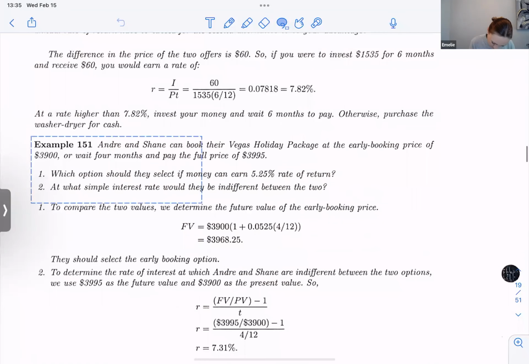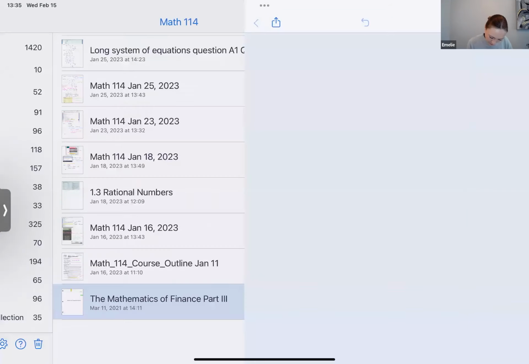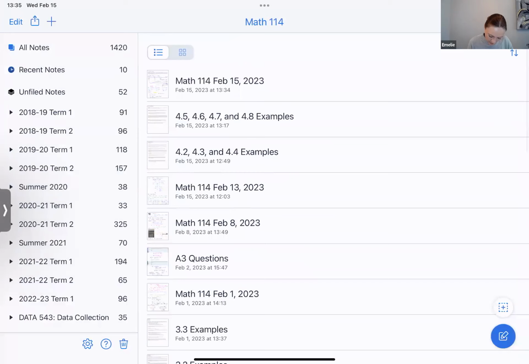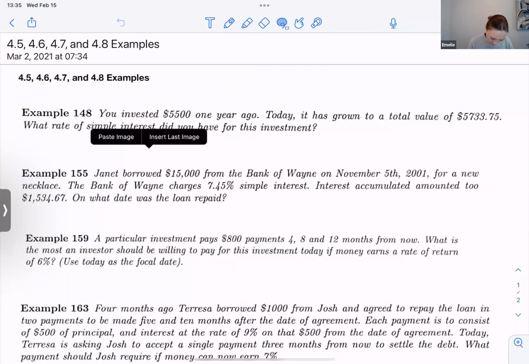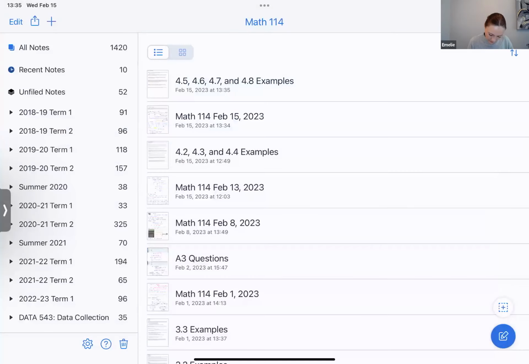Okay. And before I forget, put it in there, fix that up later.